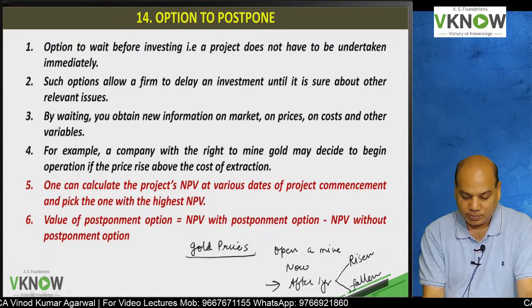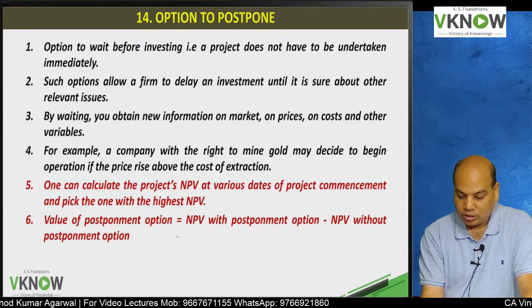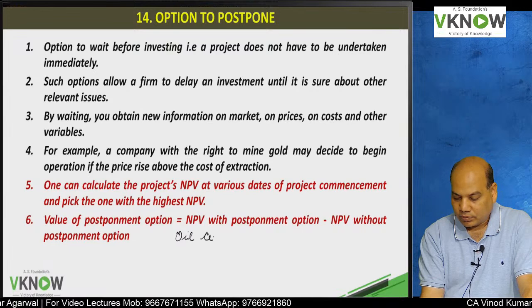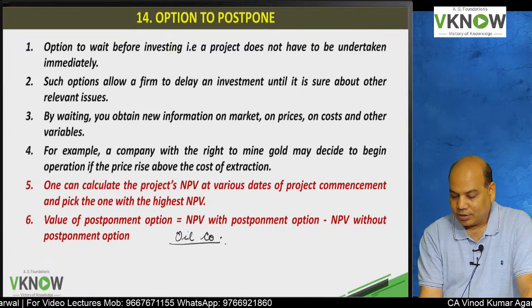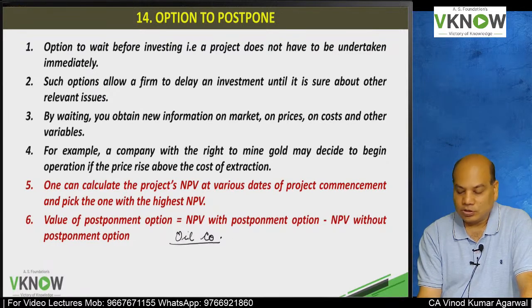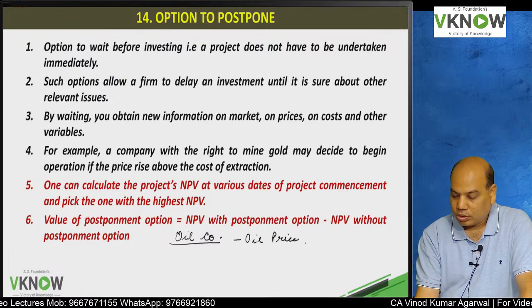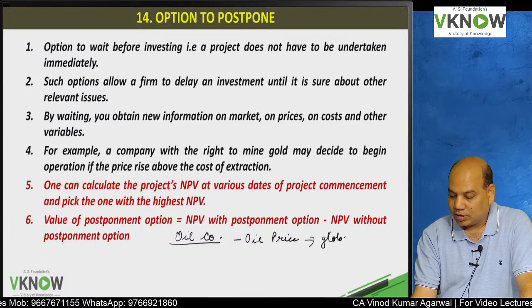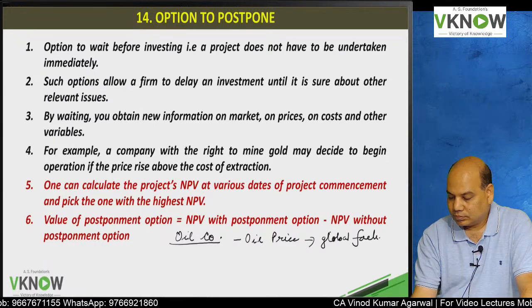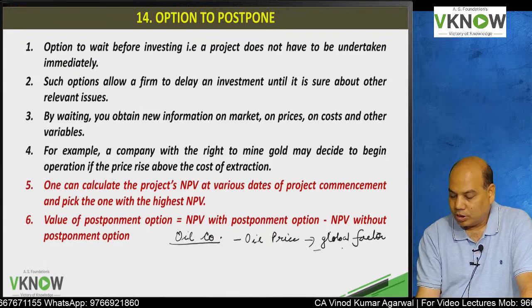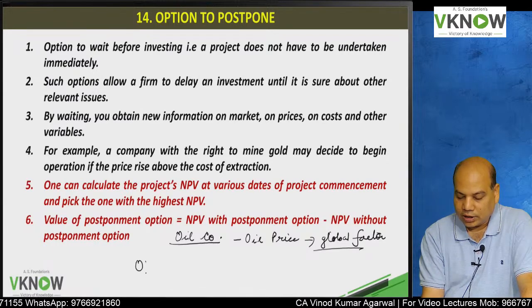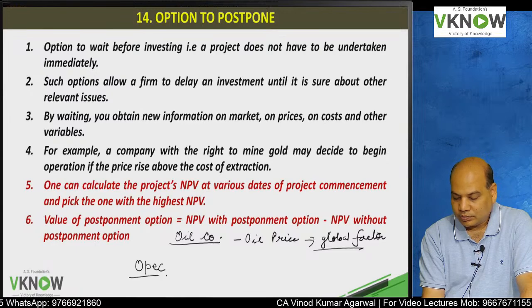One more example, practical example now. You are an oil company and your business model depends on oil price. Oil prices are affected because of global factors. Globally, there are cartels like OPEC.